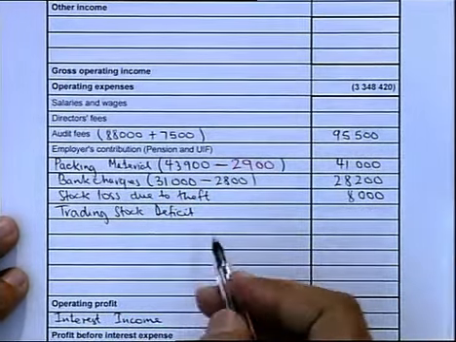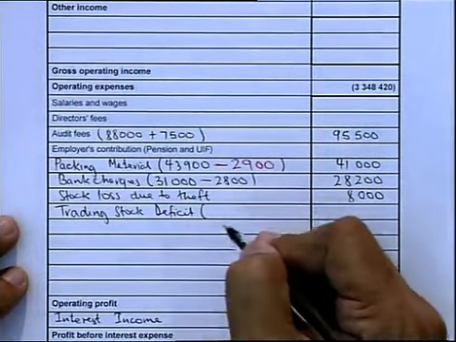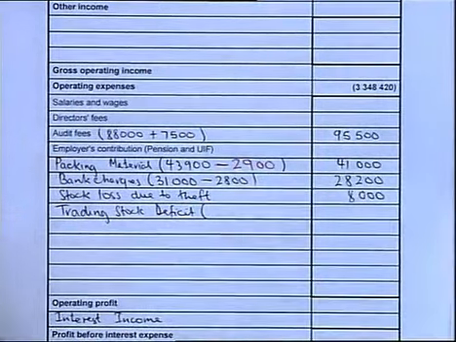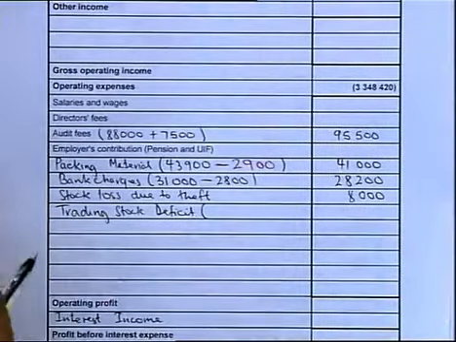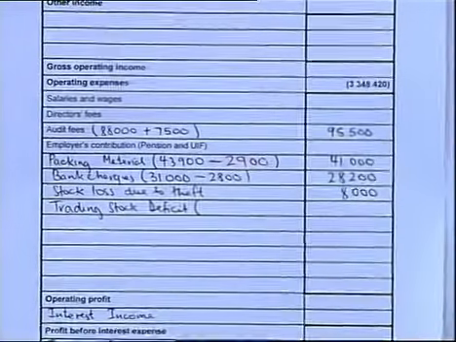So we have the item trading stock deficit. We will start with the value of the trading stock in the trial balance.